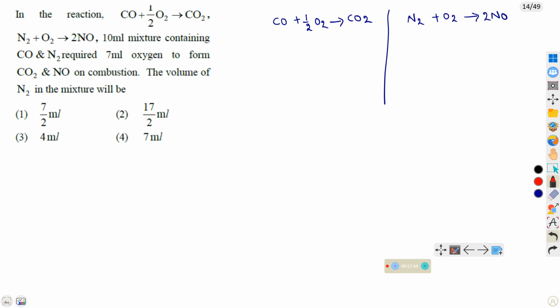In the reaction, CO plus half O2 gives rise to CO2. N2 plus O2 gives rise to 2 moles of NO. 10 ml mixture containing CO and N2.